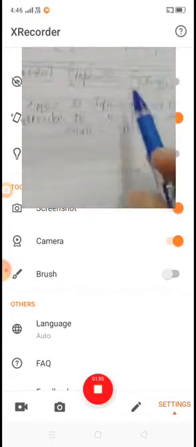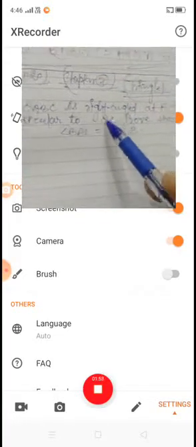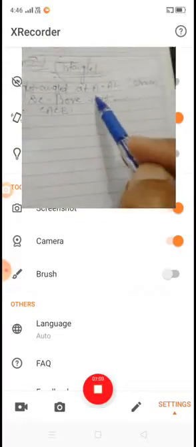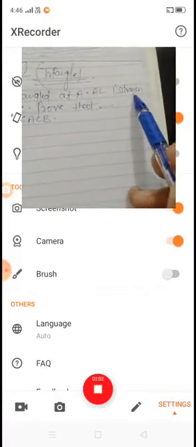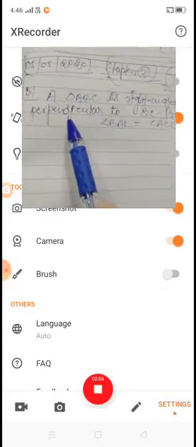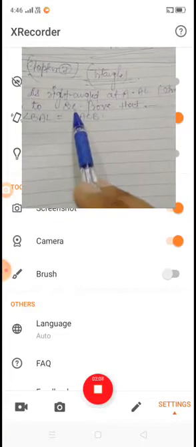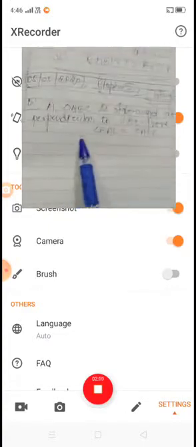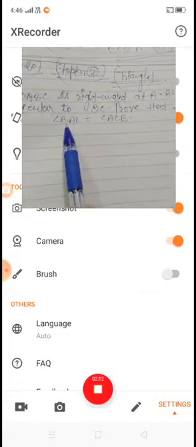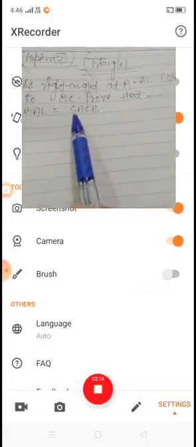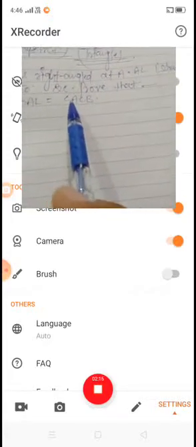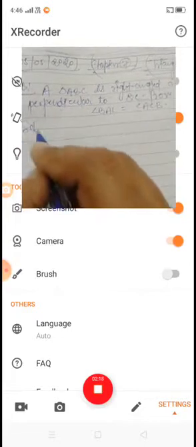Okay, a triangle is right angled at A. AL is drawn perpendicular to BC. Prove that angle BAL is equal to angle ACB. Okay, now solve it.